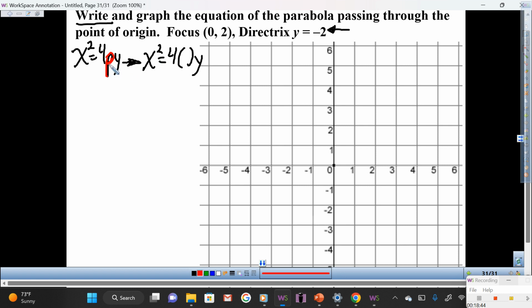Everyone? Last night for your home plate, what did you use in red? The focus. So underline the focus in red, which means I'm going to take that value and substitute here the 2 for p. Now I can rewrite it. This is x squared equals 8y, and I'm done with writing my equation.